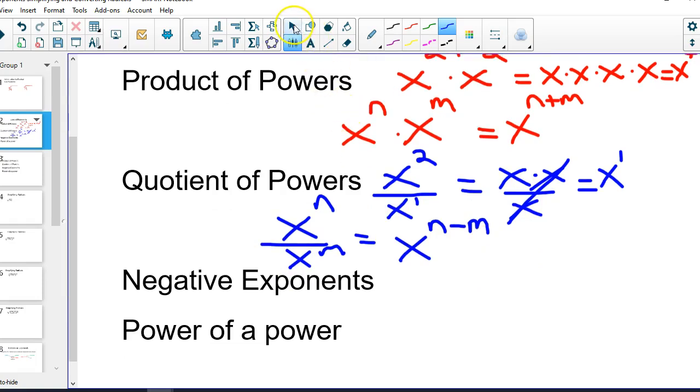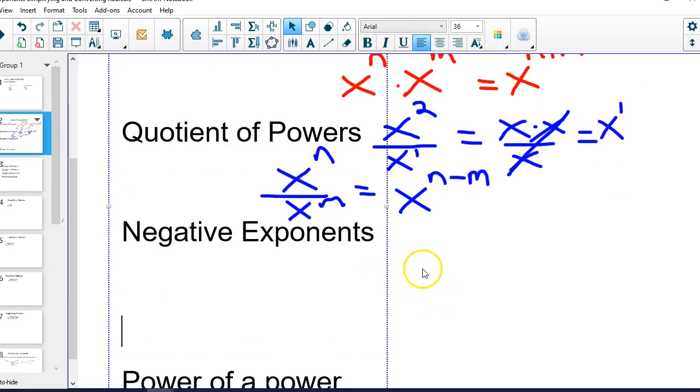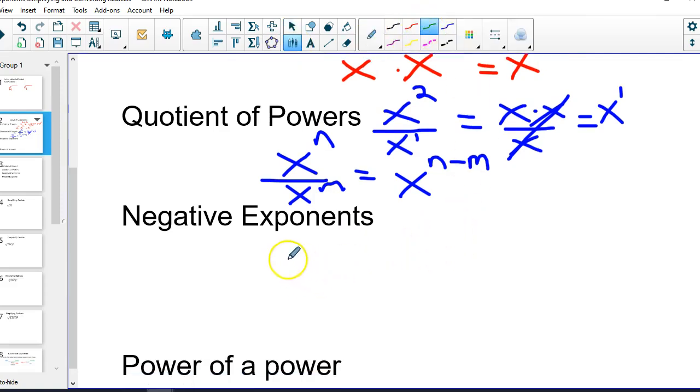When we have negative exponents, say we have x to the negative 1 power. Normally our power is representing repeated multiplication.